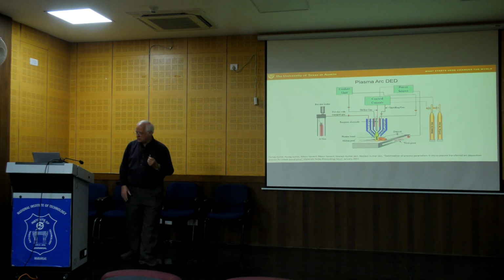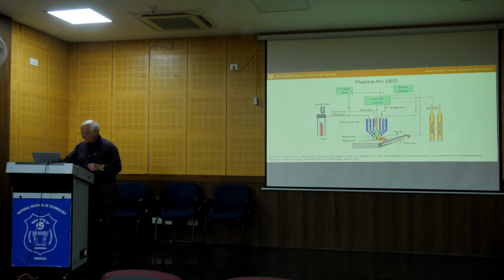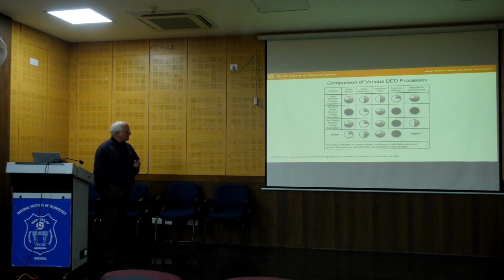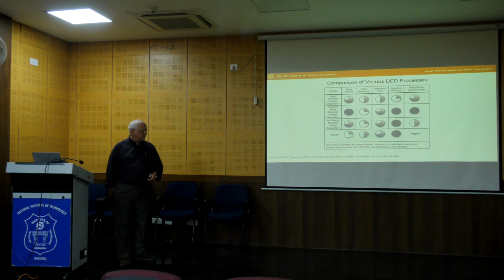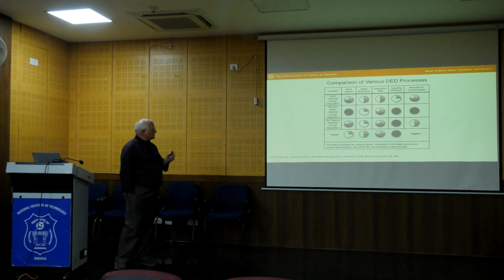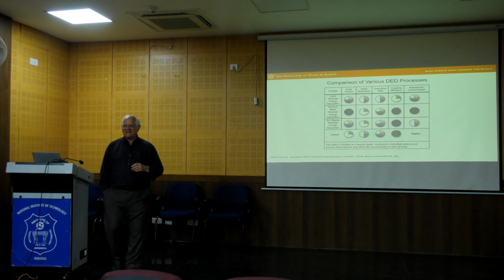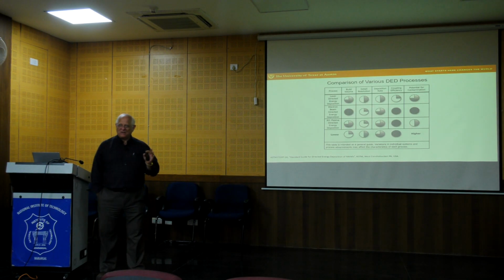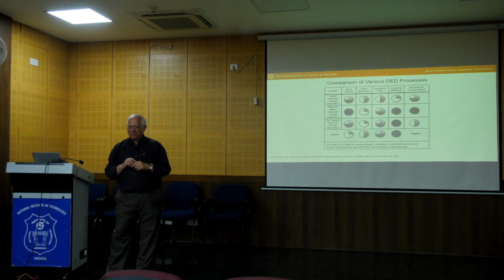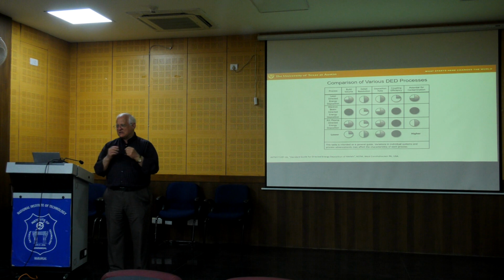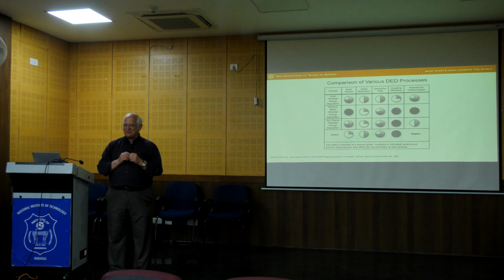And can we produce a part this way? So I enjoy this plot. It's a plot that I reproduced from ASTM F3187. It's the standard guide for directed energy deposition of metals. And what they show, actually, if I could again take a small aside here, on this standard, the way that standards are developed in ASTM, it's a very democratic process.